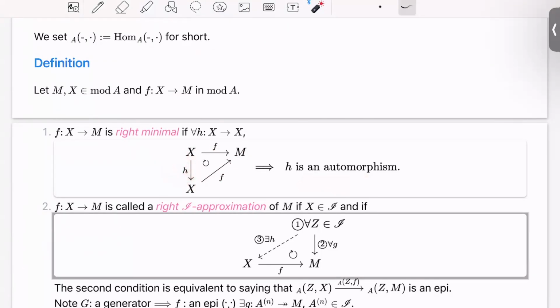This can be stated in a different way, but today I have no time. This is just the usual definition. So right minimality corresponds to the projective cover.